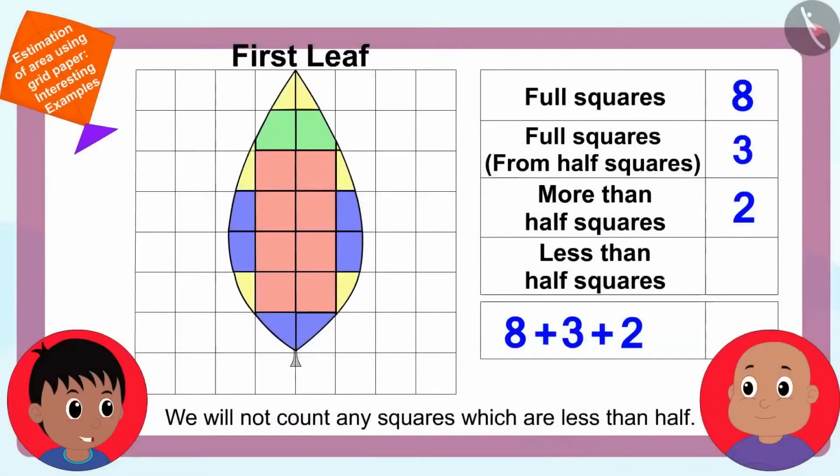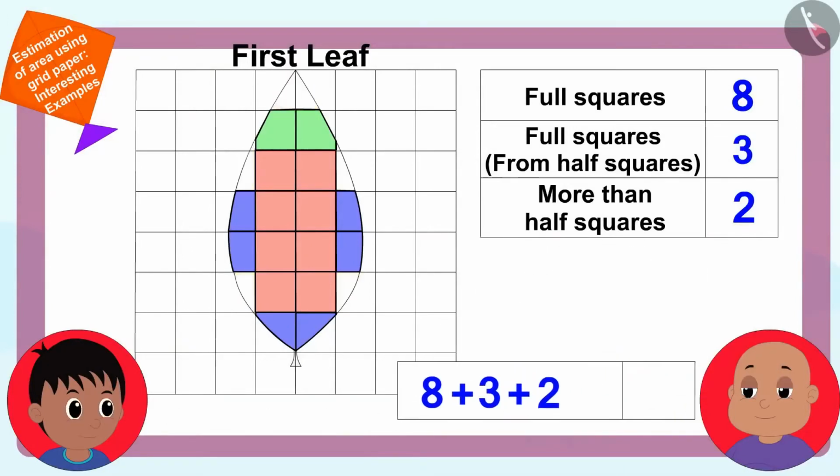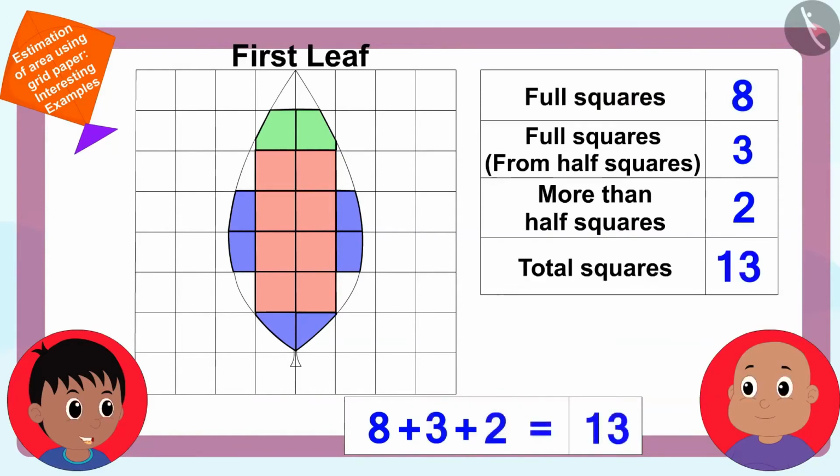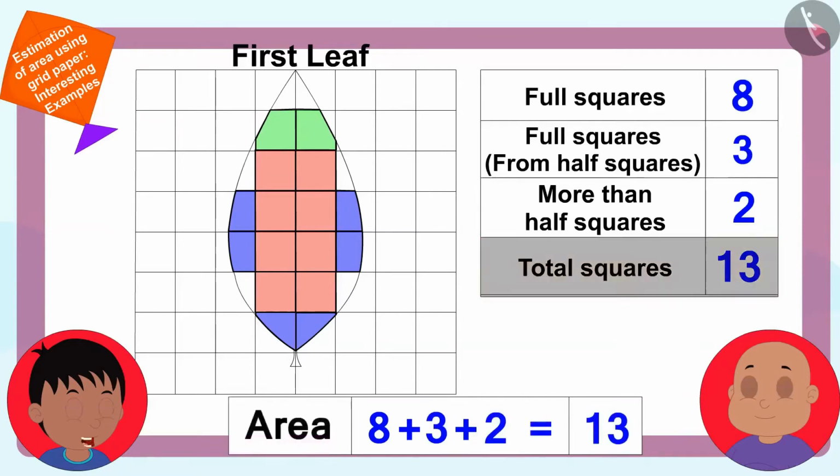We will not count any squares which are less than half. Now look, Bablu. The area of the first leaf has a total of 8 add 3 plus 2 or 13 squares. In other words, there are 13 squares in the area of the first leaf.